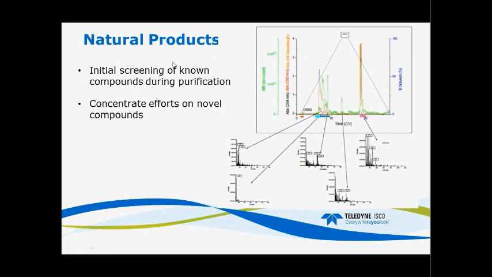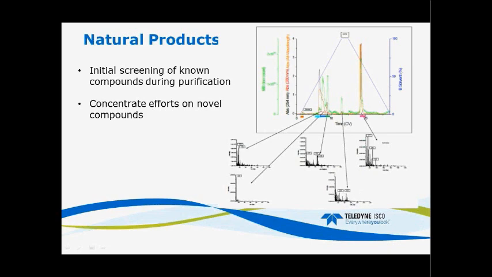This is a natural products application where what we're looking at here is a broad spectrum, and you can't really see this. There's a poster on our website where this is much better displayed, but you can see where we've captured several different mass spec peaks that we've collected.